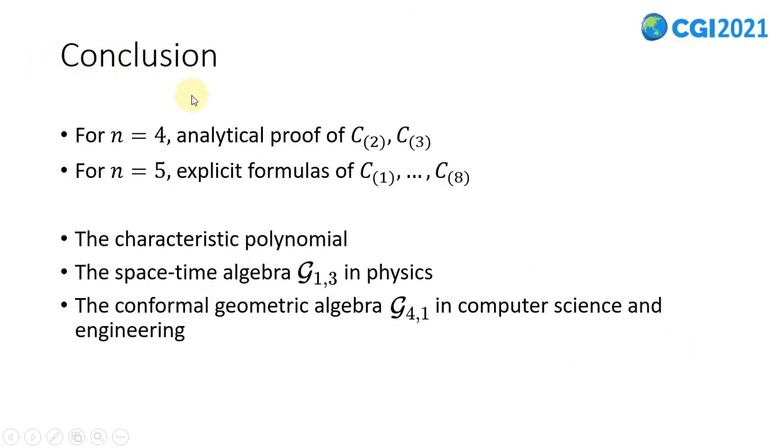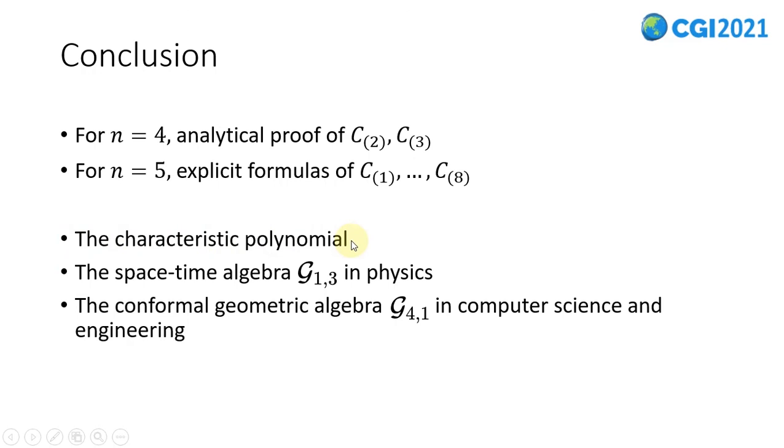In conclusion, for the first time we present full analytical proof of explicit formulas for all characteristic polynomial coefficients in the case n equals 4. Also, for the first time we found explicit formulas for all characteristic polynomial coefficients in the case n equals 5. The characteristic polynomial is one of the basic concepts of linear algebra.